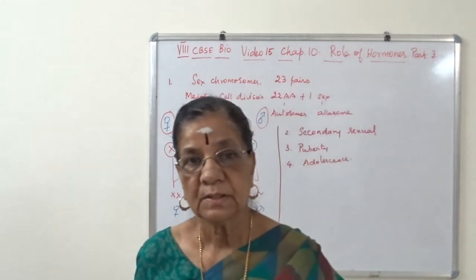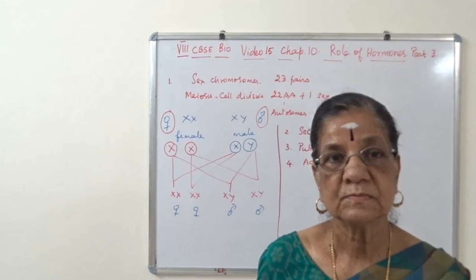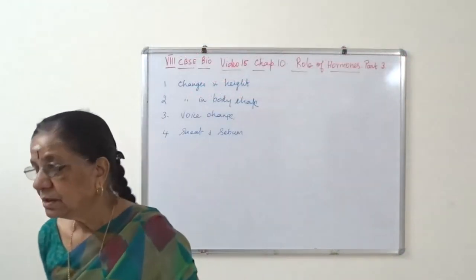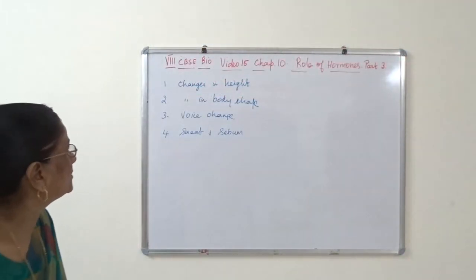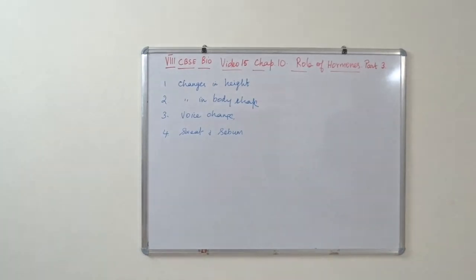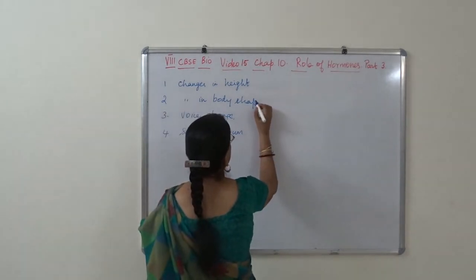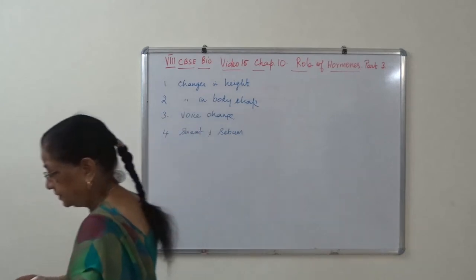Can you just go through the table? We'll just continue. At puberty, and during adolescence, we find the following characteristics in both male and female.